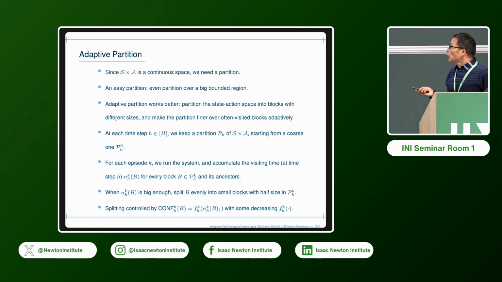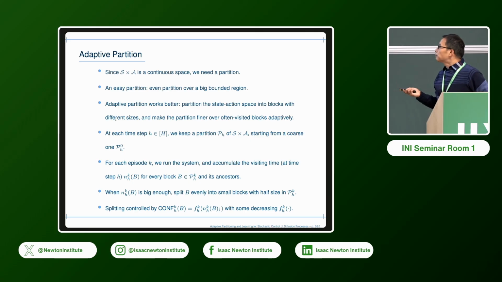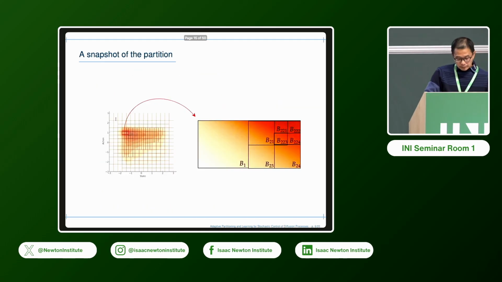We will control this splitting by a so-called confidence criteria function, which is a function of the visitation counts only. It is a decreasing function, and it should vanish when the visitation counts go to infinity. We will determine this confidence criteria later.